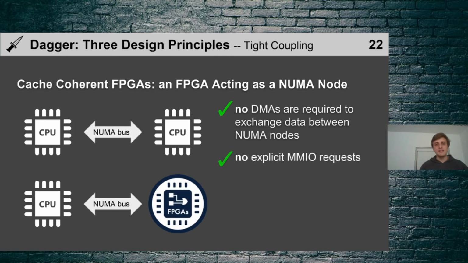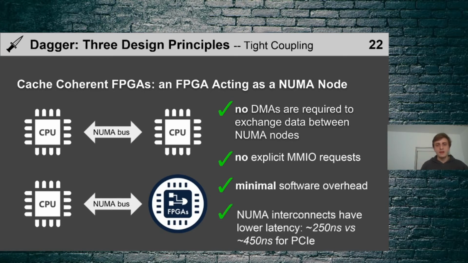There is no need for explicit memory mapped IO requests either. This scheme minimizes software overheads related to data transfer because the data exchange is handled entirely by the hardware cache coherency state machine. Finally, NUMA interconnects have physically lower latency. A typical NUMA bus has a one-way latency of 250 nanoseconds versus 450 nanoseconds for PCI Express.